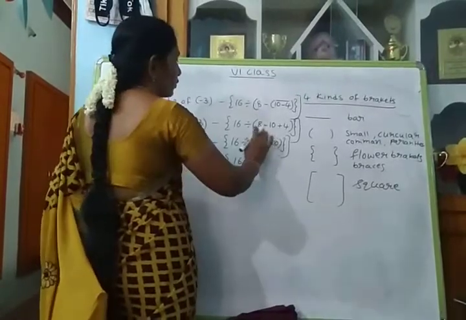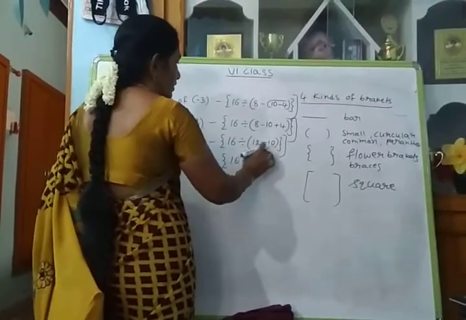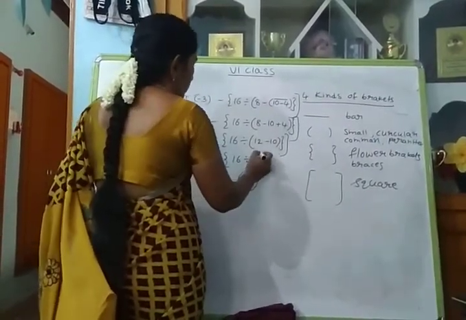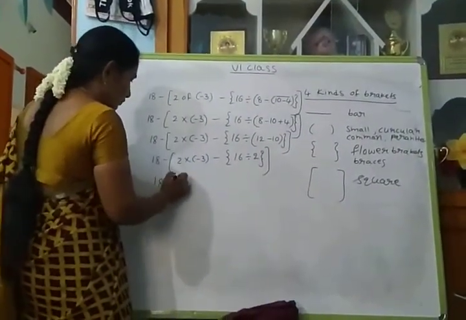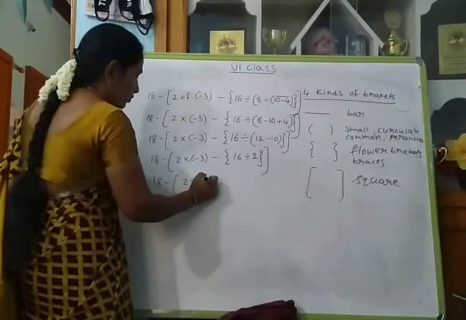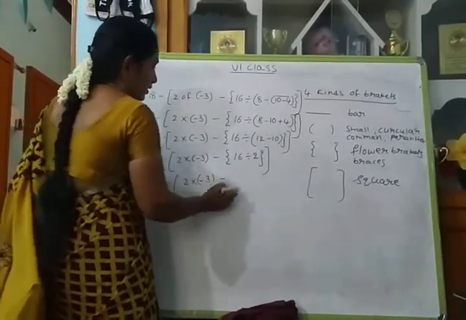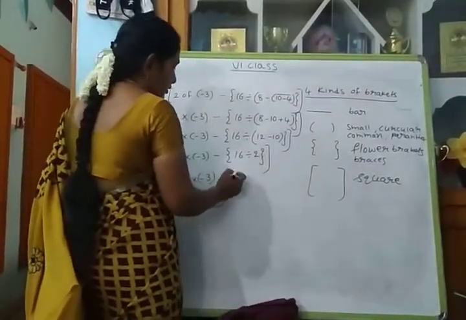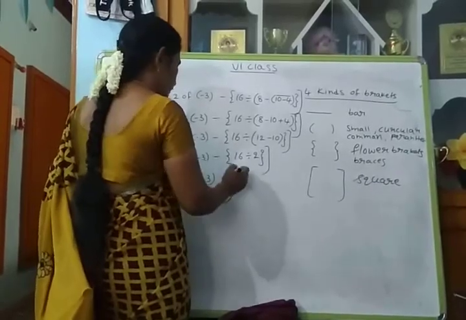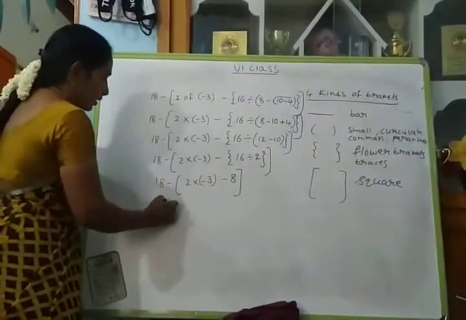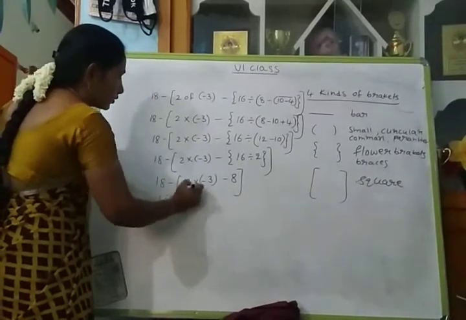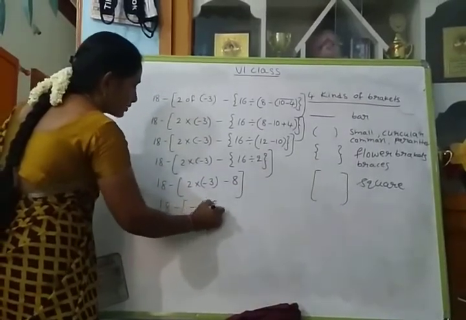So 2 into minus 3 minus 16 divided by 2. Now no need to write the bracket here. After simplification no need. So what do you get here? 16 divided by 2, quotient 8. Now the flower bracket also we remove. 18 minus 2 threes are 6, minus 6 minus 8.